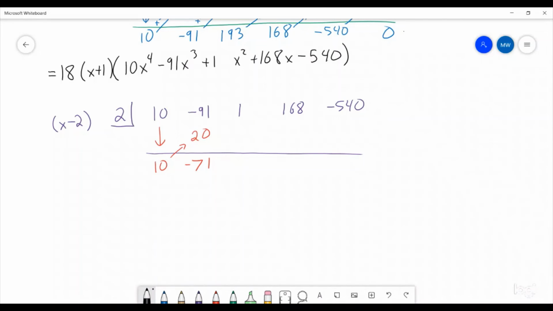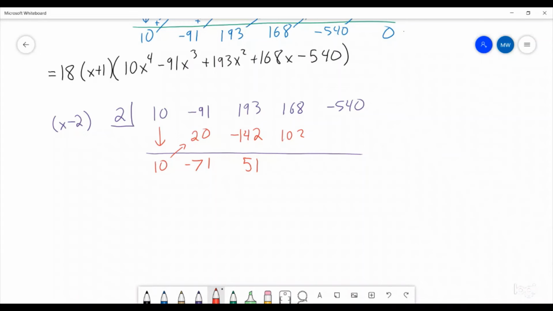Okay, minus 1 plus 193, so that means that's a 193 there. Now let's go through and finish this properly. So it's minus 71 times 2, that's minus 142, which means that we then get 51 times 2 is 102.